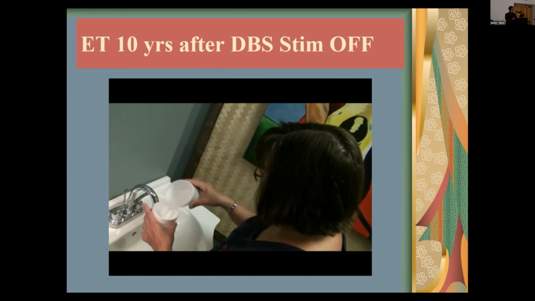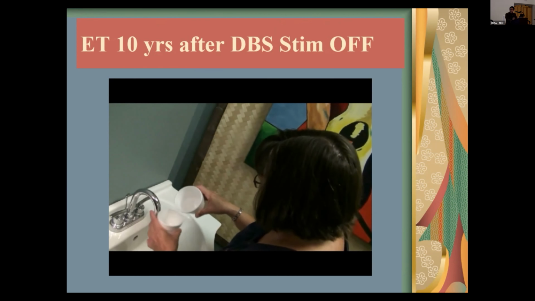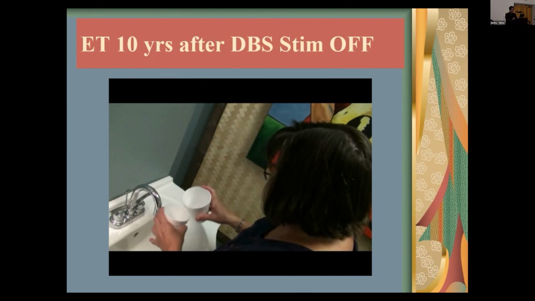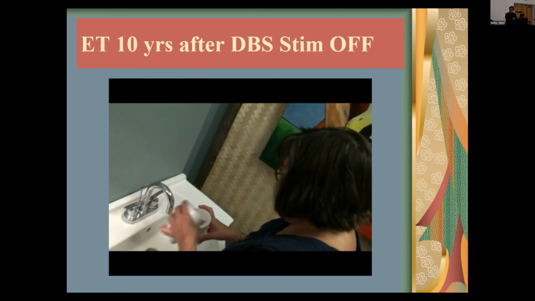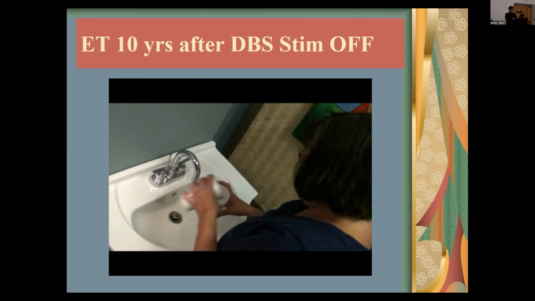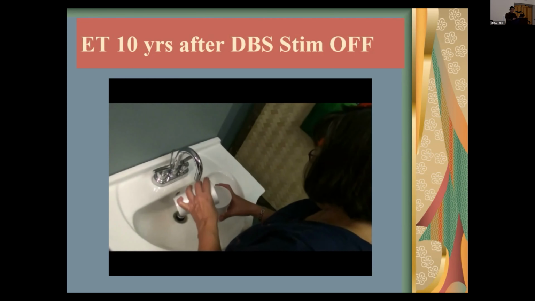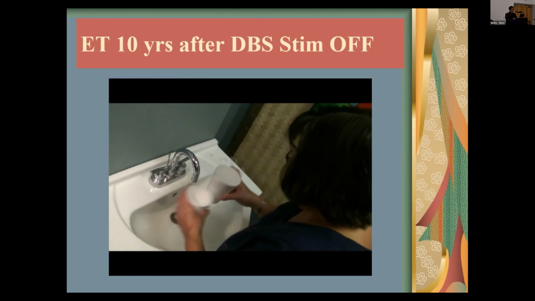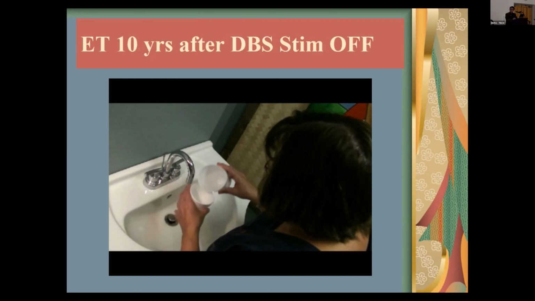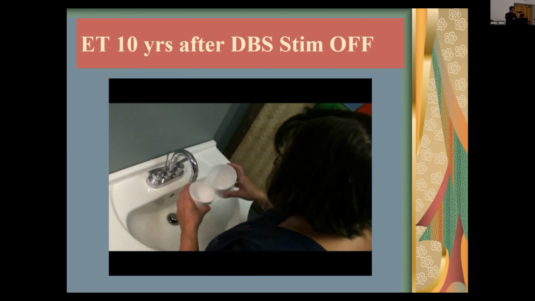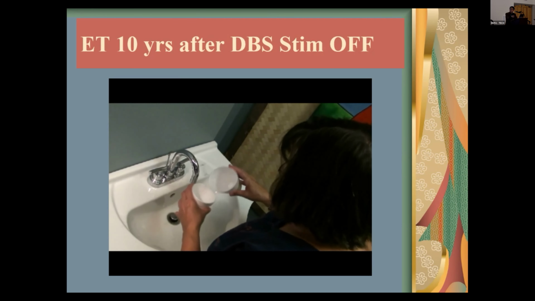Many patients, when they switch off their stimulator after DBS, see just how bad their tremors are. And we say, okay, if you didn't have DBS, this is how you would be at this point. It's really remarkable. Very few patients develop a tolerance to deep brain stimulation. Some of those that develop a tolerance are those with the Holmes type of tremor, which I just showed you a while ago.